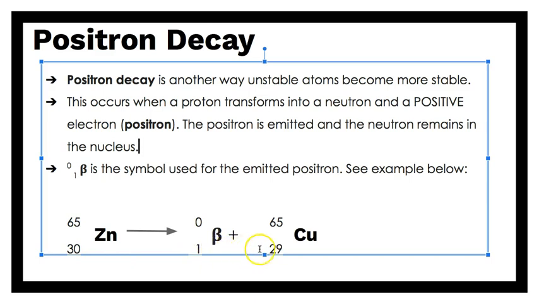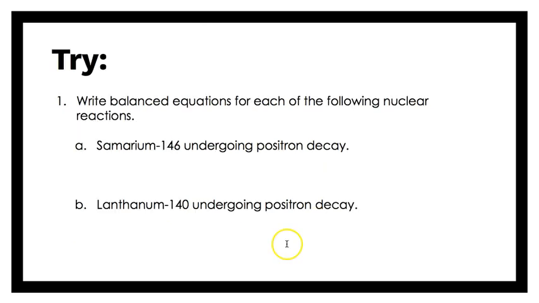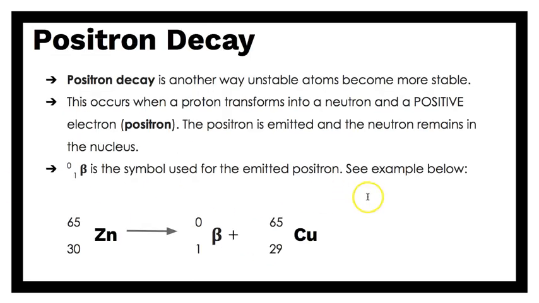So 1 plus 29 makes 30, and 29 becomes copper. So this is what positron decay looks like. It just means you're producing a positively charged electron and you're reducing its proton number, since that's what you're getting rid of. You're getting rid of a proton. So therefore you have to subtract one.